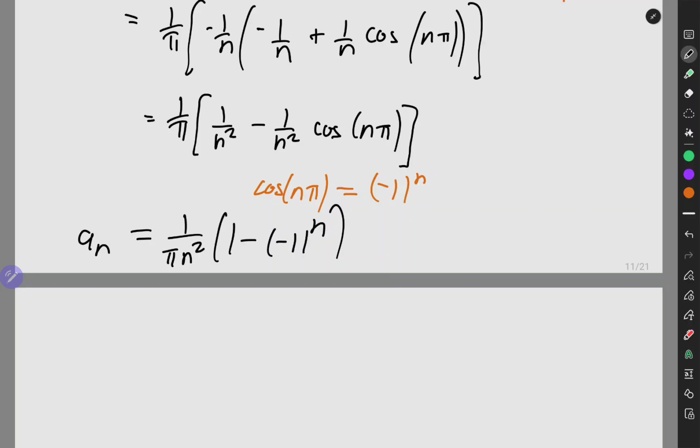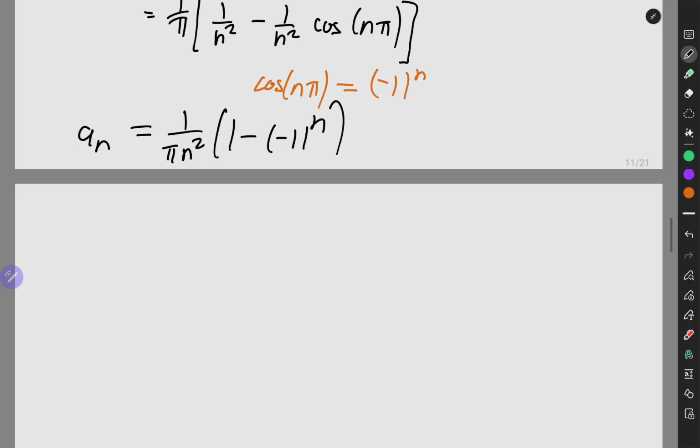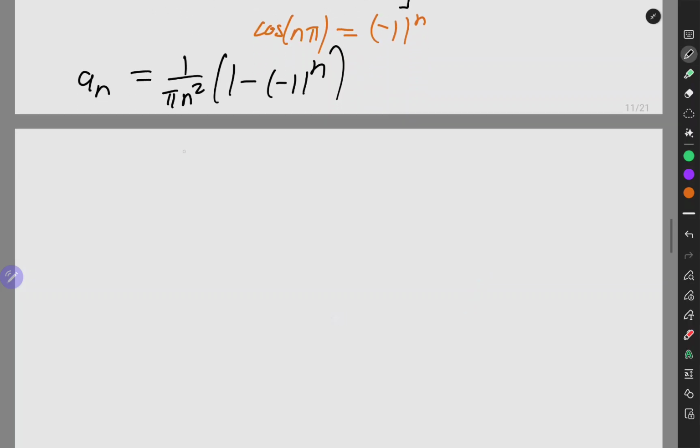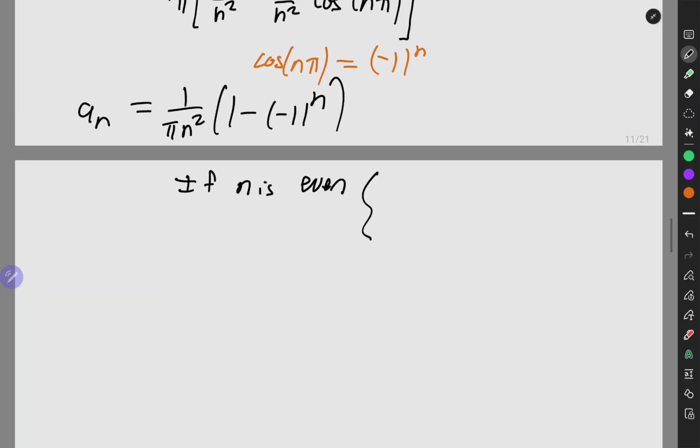Now, you'll remember from my shortcut or simplification video, this can be simplified even further at this point. If n is even, say n is 2, then this would become 1 minus 1, which is 0, so a sub n would be 0.